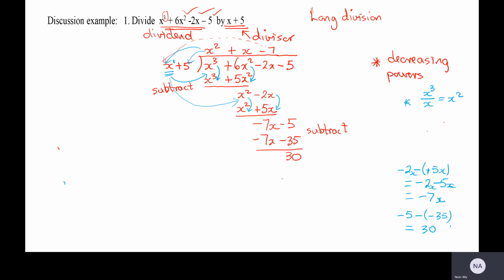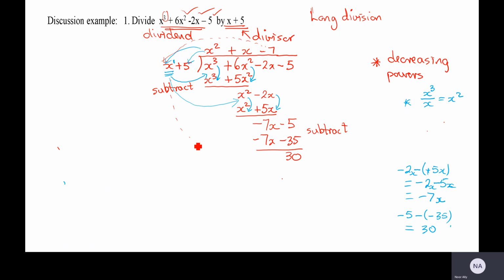Now notice at this stage you can't go any further because x cannot be divided into 30. So what does that mean? That simply means the process is now done. It's complete. In other words, we have x cubed plus 6x squared minus 2x minus 5 divided by x plus 5.